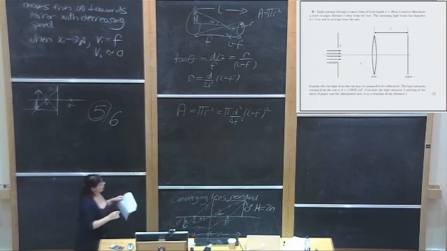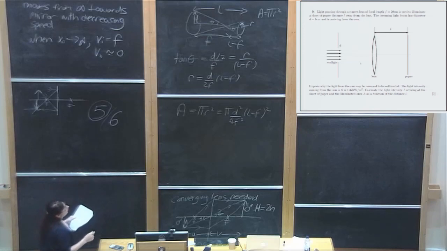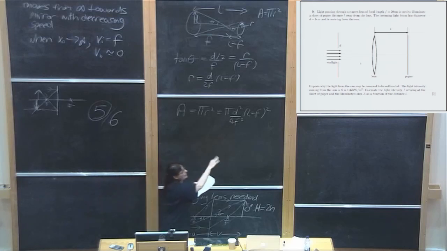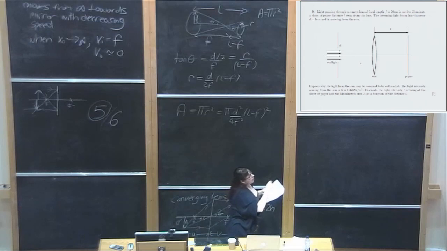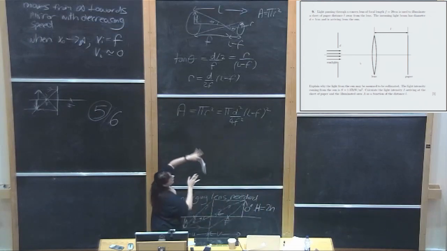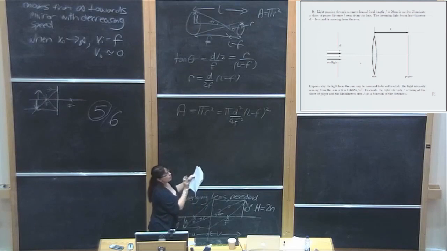Something we know is that the total power is going to be constant. We're given the intensity arriving from the sun as S, an energy per unit time per unit area. But what we're doing is squishing down the bundle of rays by putting it through the lens. We're not changing the power, the energy per unit time, we are just changing the spacing between those rays, squeezing them closer together.